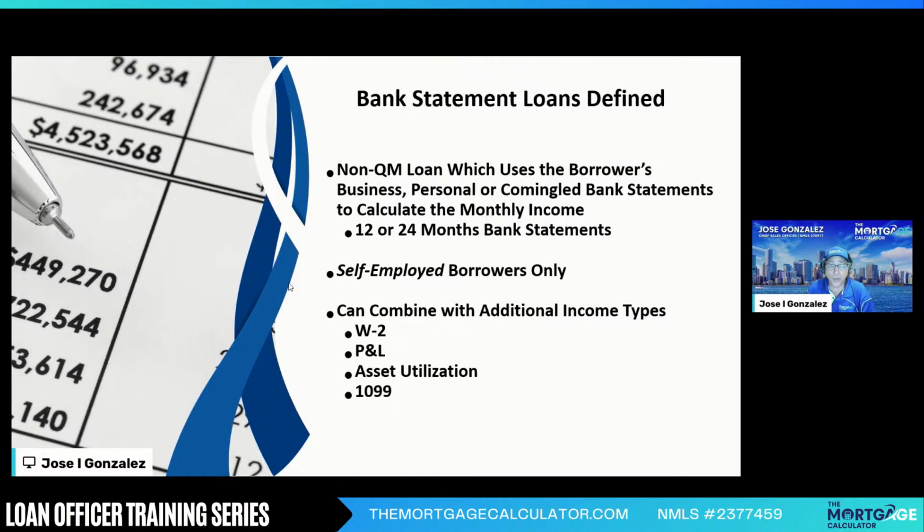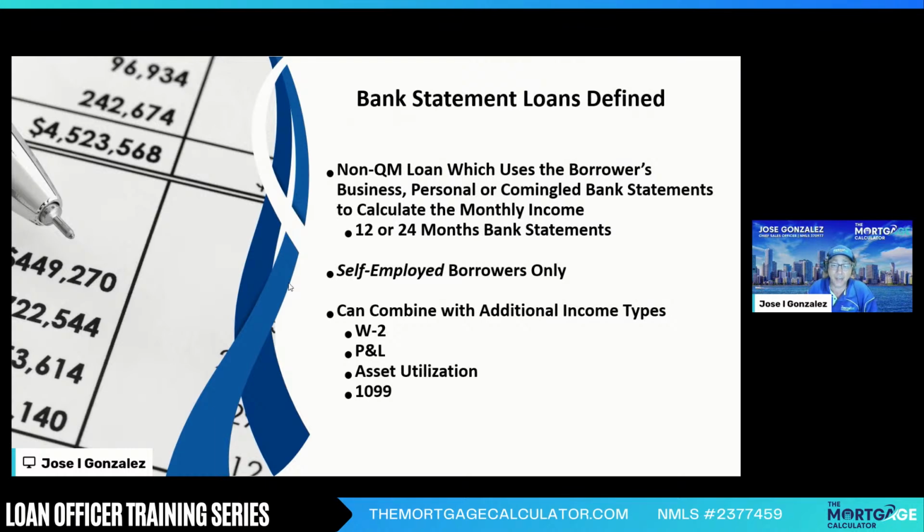self-employed borrowers only, and real important to note, with most bank statement loan options, you can combine additional income types with the same borrower or additional borrowers or co-borrowers on the loan, right?